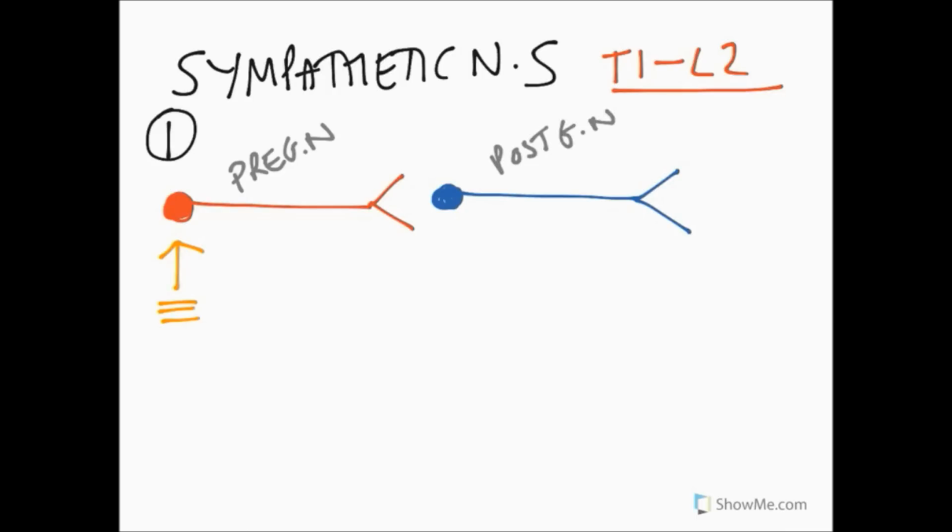The nerve cell body that we can see here is located somewhere in the periphery. Often the name given to these types of ganglia is collateral ganglia. Sometimes in anatomy we call them prevertebral ganglia.